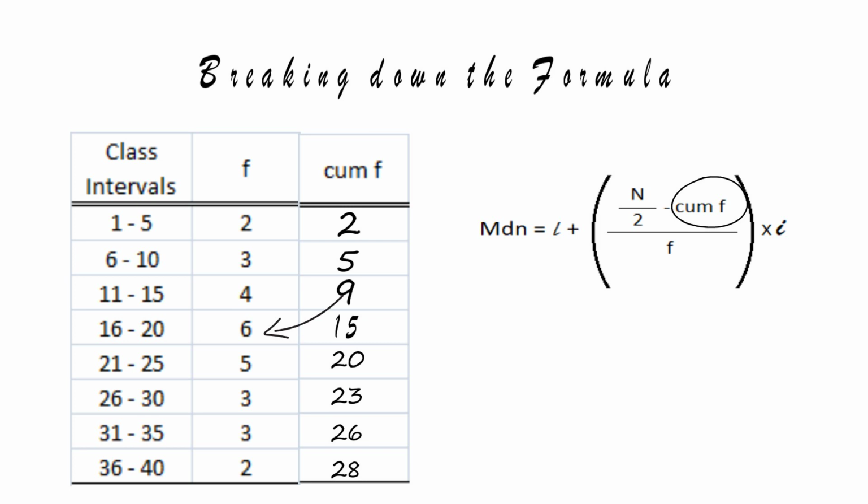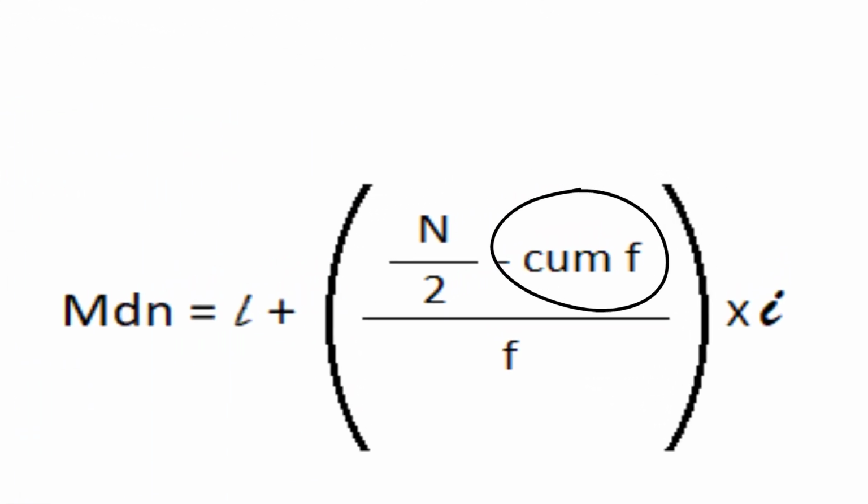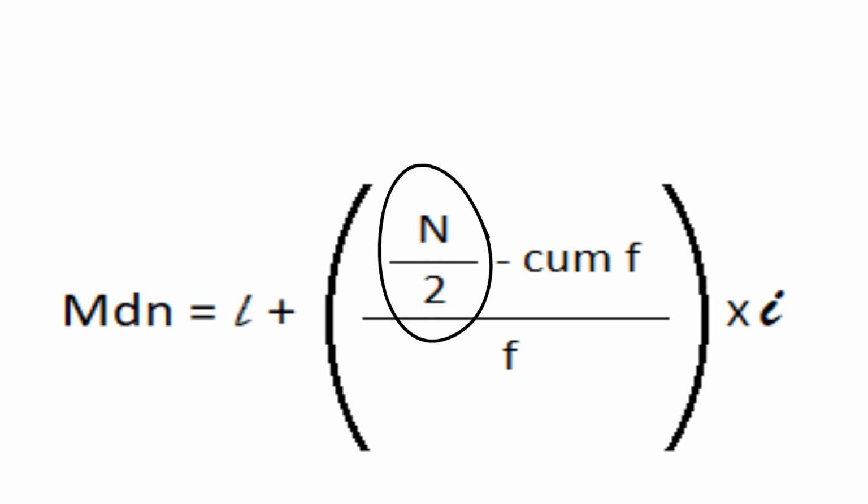Now to n by 2. In the formula, we kept mentioning the term median class. Median class is nothing but the class intervals between which our median lies.